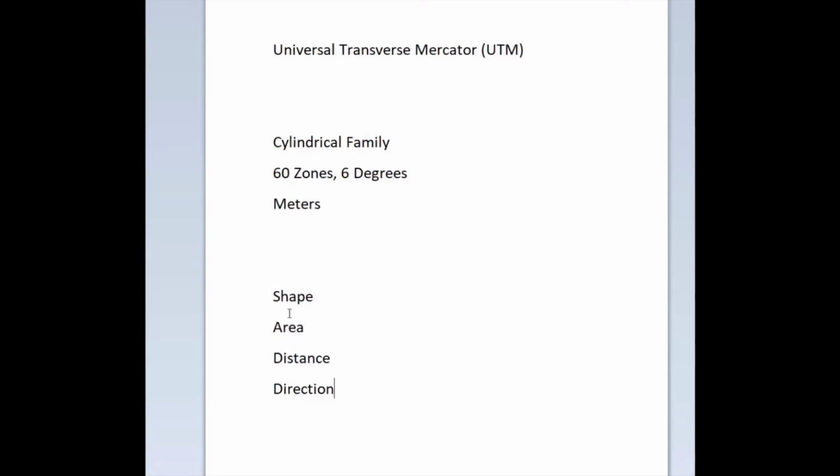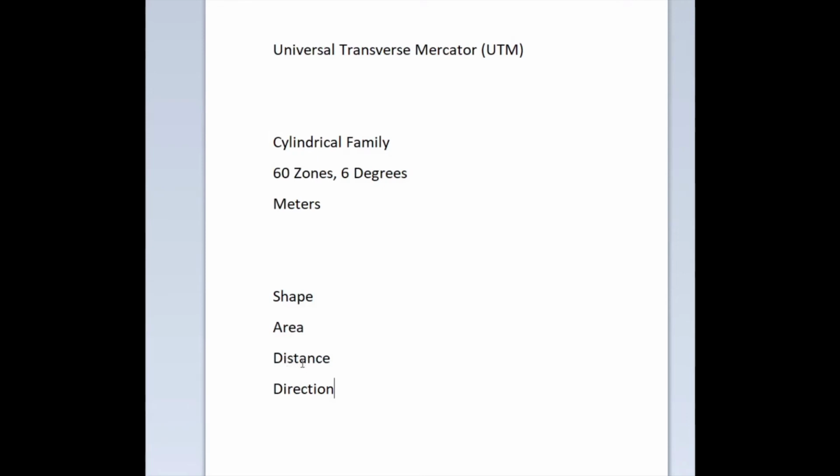So for example, the one that we've been using in the class is North American Datum 1983 Albers, and that's an equal area projection, and so it preserves the area of the features really well. And that makes a lot of sense because at the Forest Service we want to know a lot of things like how many acres have been burned or how many acres of owl habitat will be affected, and so we're more concerned with the area than we are so much the distance or the direction.